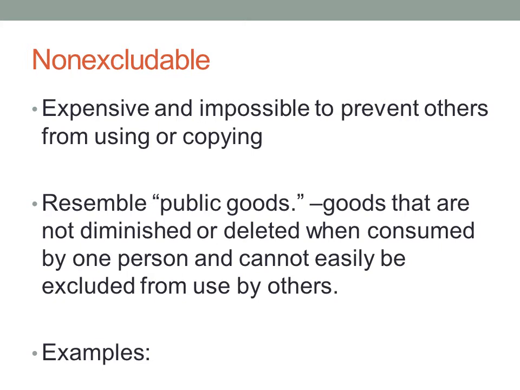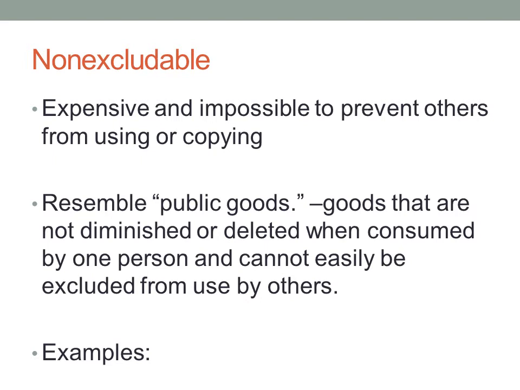So think about something in the public goods that isn't diminished with overuse or depleted when one person has it, and nobody else can be excluded from using it. Law enforcement, right? We all have equal access to law enforcement and not one person can be excluded from using it. National defense, radio and TV broadcasts.